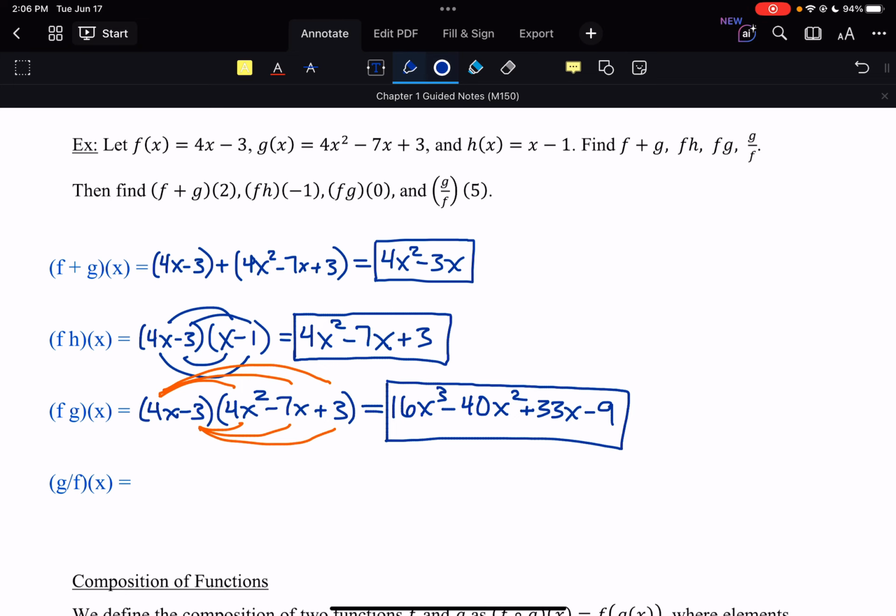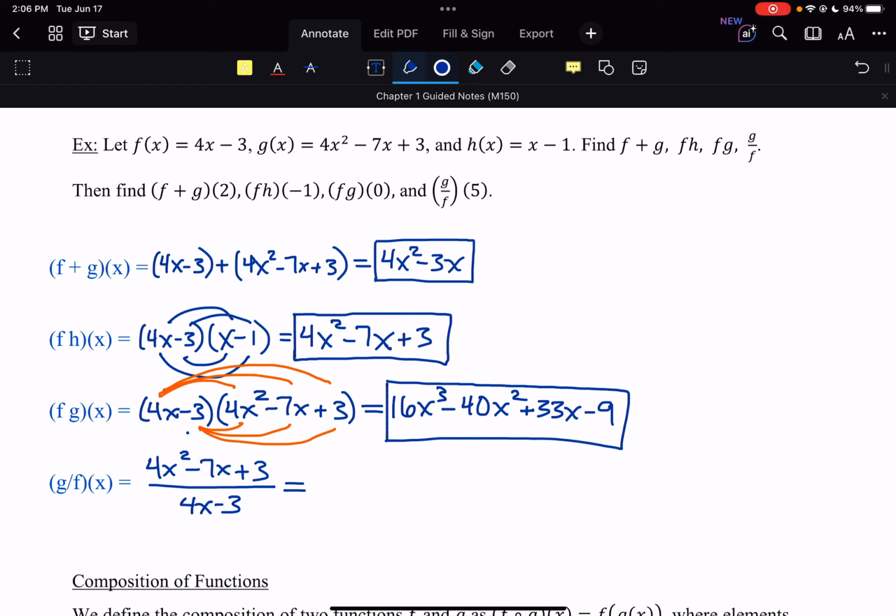So g over f, we're going to have 4x squared minus 7x plus 3 over 4x minus 3. Now the question is, can this be simplified at all? In its current form, it cannot, but we can try to factor the numerator.